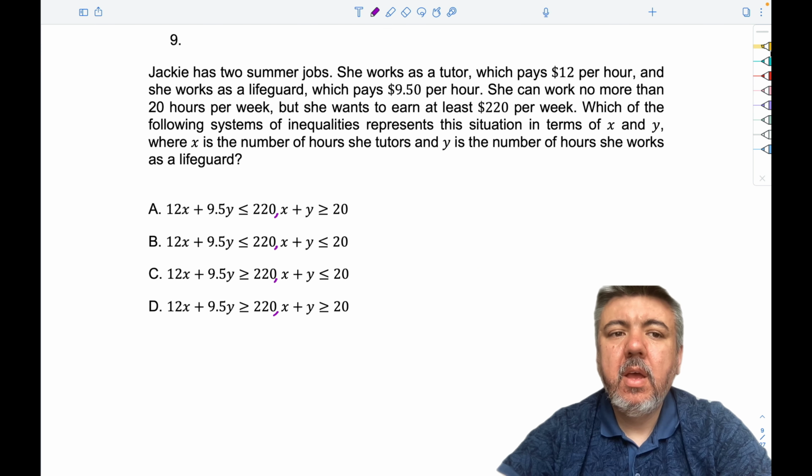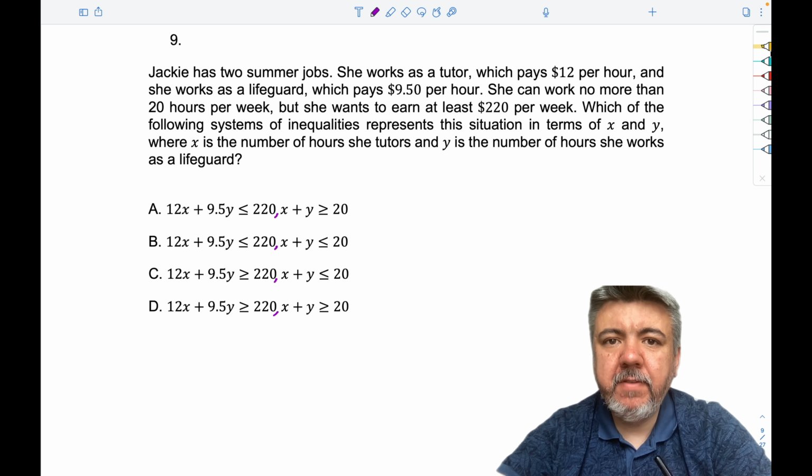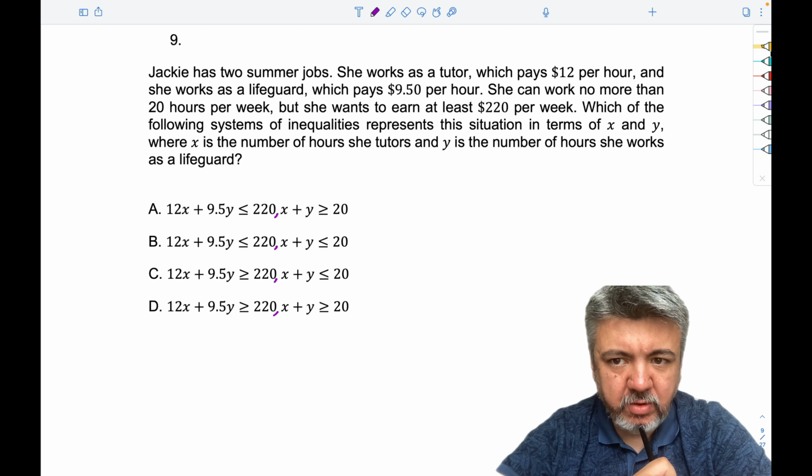Question 9. Jackie has 2 summer jobs. She works as a tutor, which pays $12 per hour, and she works as a lifeguard, which pays $9.50 per hour. She can work no more than 20 hours per week, but she wants to earn at least $220 per week. Which of the following systems of inequalities represents this situation in terms of x and y?